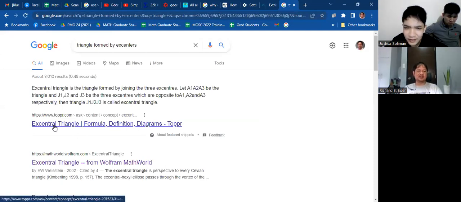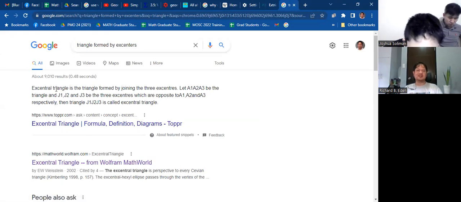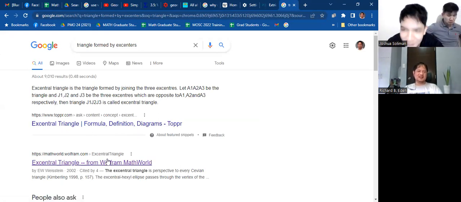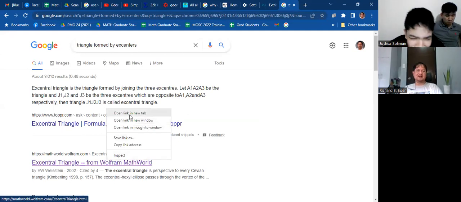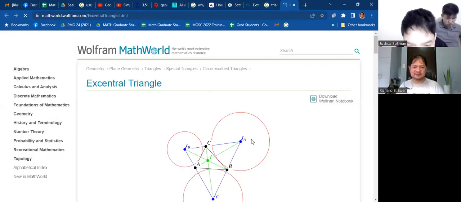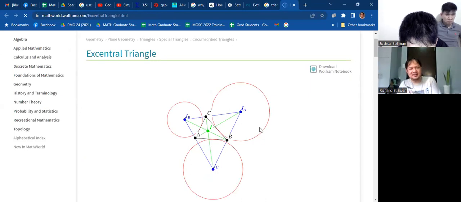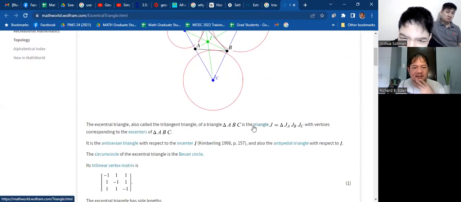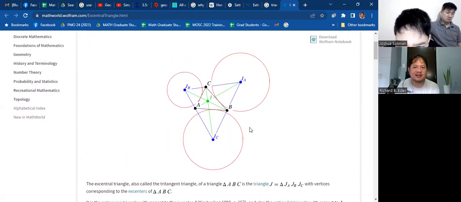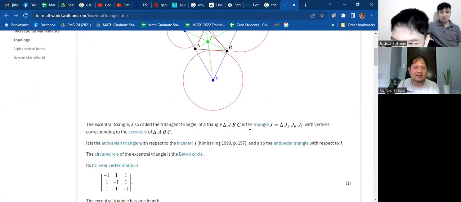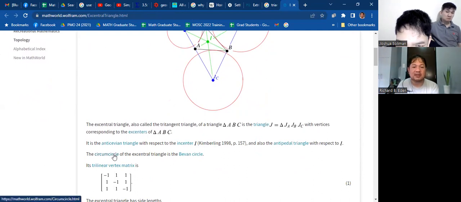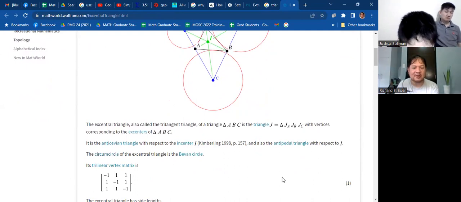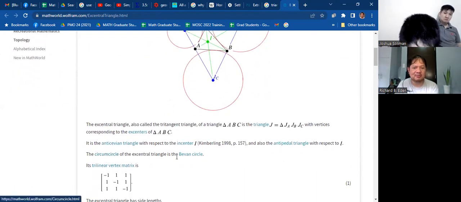Excentral triangle. There, the excentral triangle. Let's look at the properties of the excentral triangle. The incenter of triangle ABC is formed by joining those. Wait, we were talking about the circumcenter of the excentral triangle. Now this is what he is referring to. The circumcircle is the so-called Bevan circle.